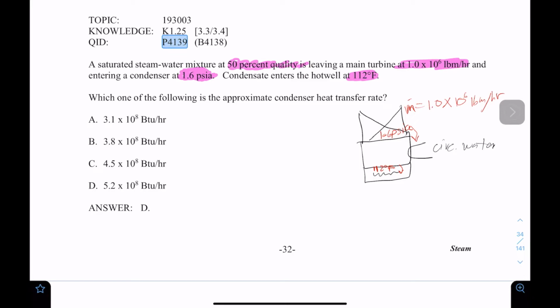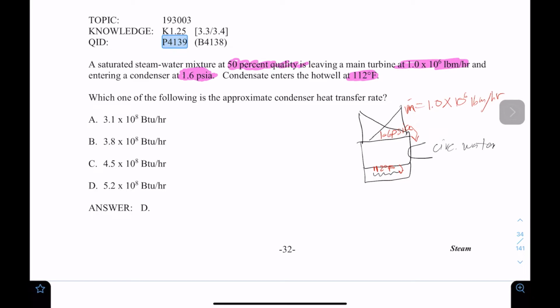Okay, so what's happening? In the condenser, we're going to have this circ water that is going to start cooling some of the vapor entering into the condenser, and the hot well is going to collect all that water in there, right? So what do we have? We have a change in phase, right? This one has to be high quality vapor, and when we get here, we have liquid.